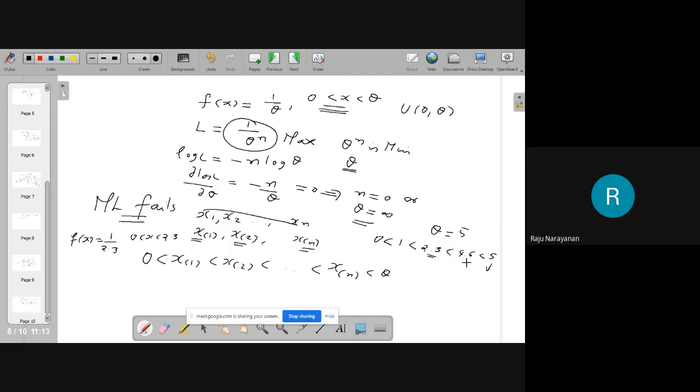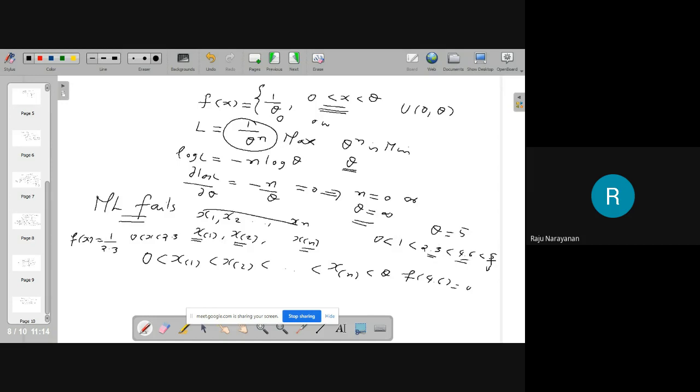In that case, what is f of 4.6? f of 4.6 is 0, because f of x is 1 by theta for 0 less than x less than theta. Otherwise, outside that range, the value of the function is 0. Here 4.6 is outside 0 to 2.3. Therefore, it is 0. Therefore, it will not come.